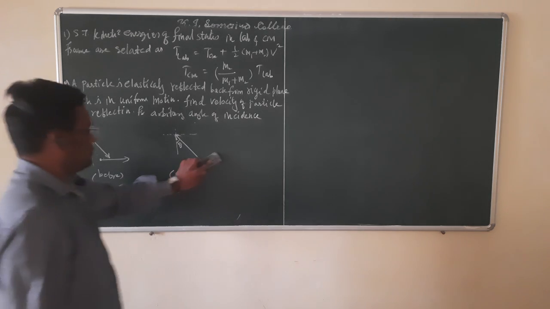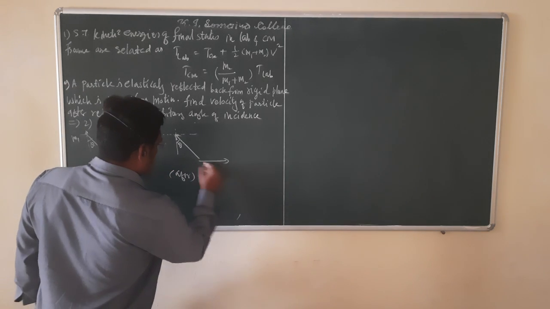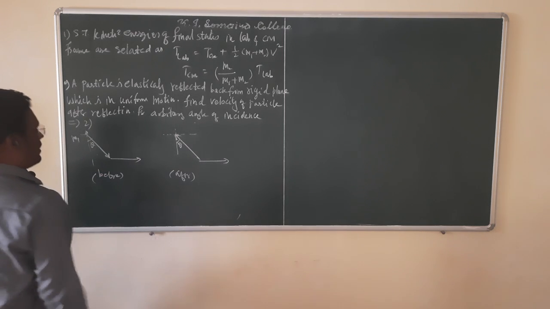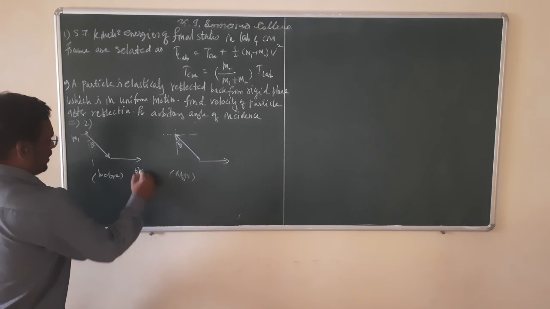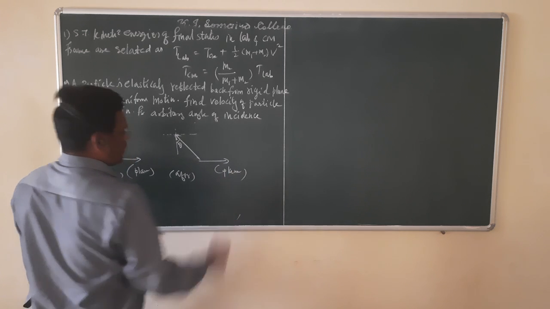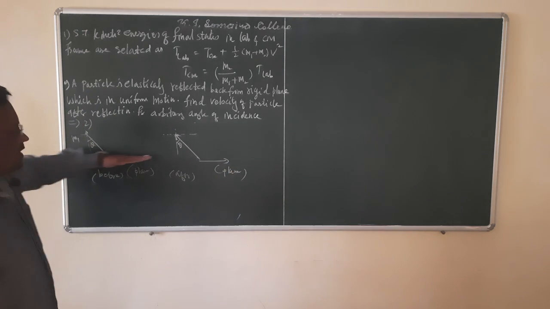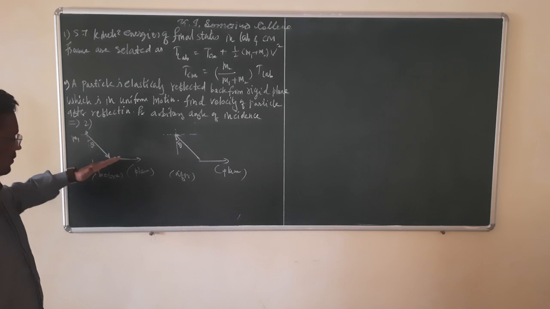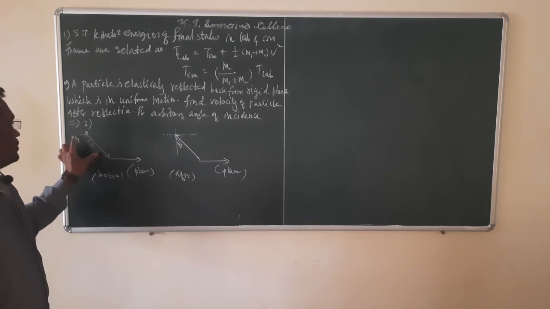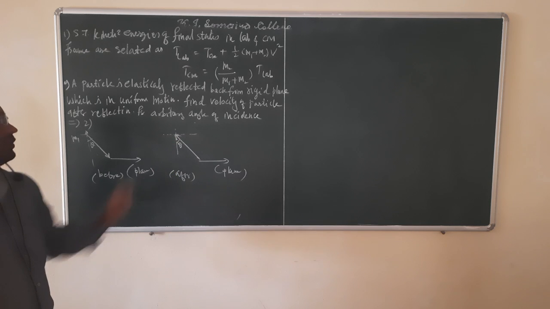Now here the plane has moved like this. So this is the plane which is moving. The particle is initially incident on this and reflected backward, so this vector and this vector are opposite to each other.